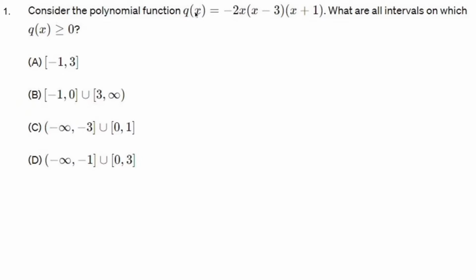So what I need to do is imagine what the graph of this looks like and imagine where the graph would be positive, or above the x-axis. All right, so what do we have? We have something times something times something. Whenever you have a problem like this, you take the x values in each factor and multiply them together.